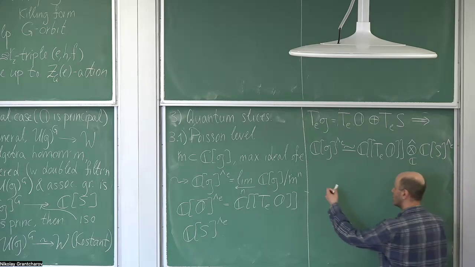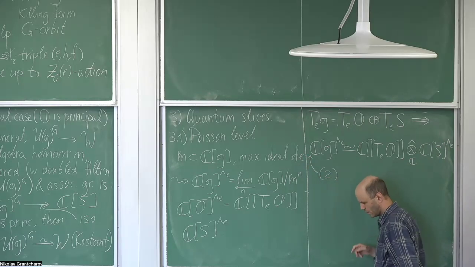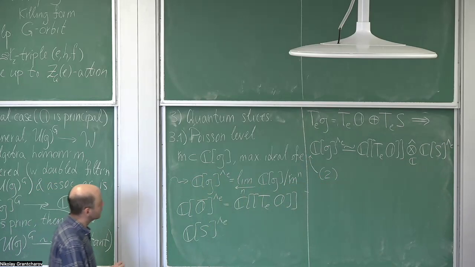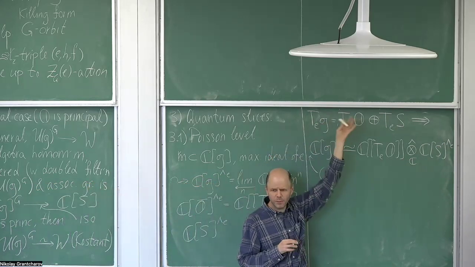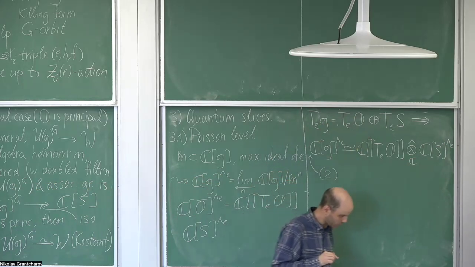And I have an isomorphism, let me give it a number, let me call it 2. And there are a lot of choices for this isomorphism. I want it, of course, to be compatible with this decomposition, but then there are really a lot of choices.